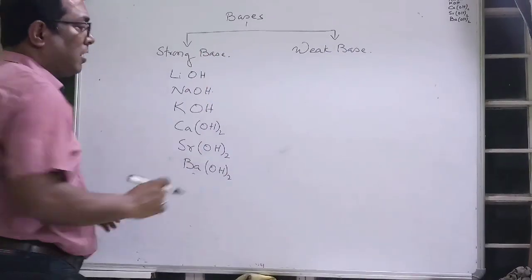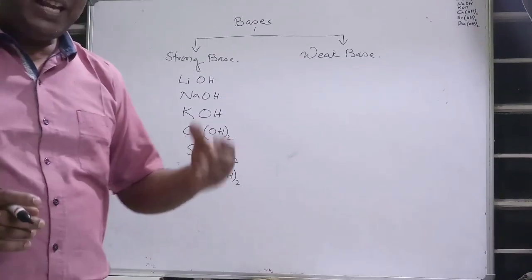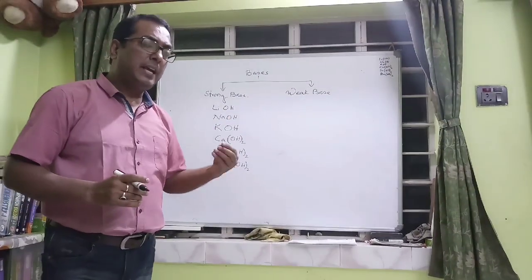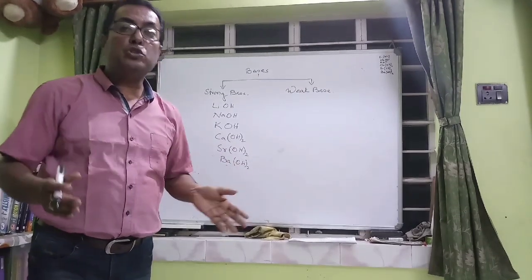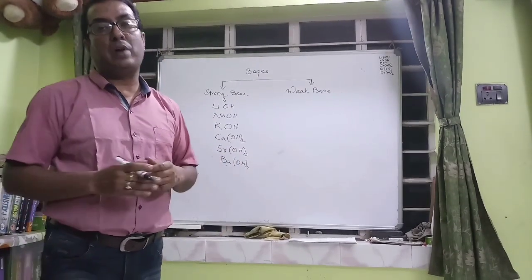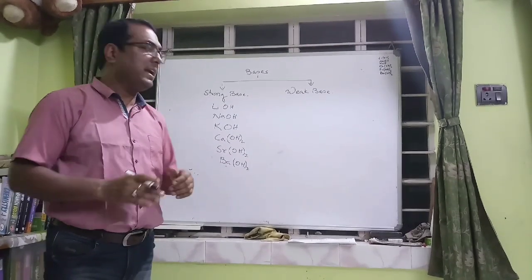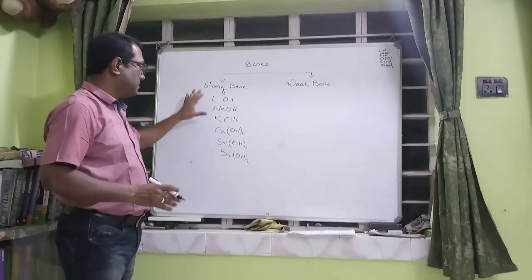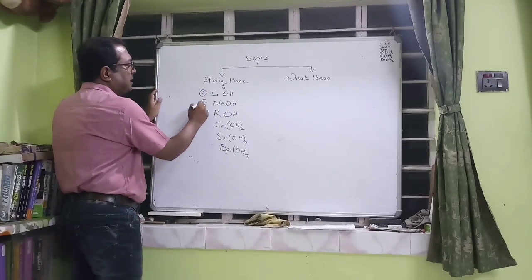These are strong bases. Why I call them strong is that when you add them in water, they completely or almost completely break up into ions. They almost completely dissociate into ions.